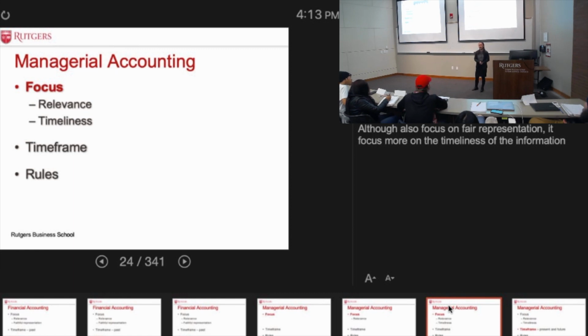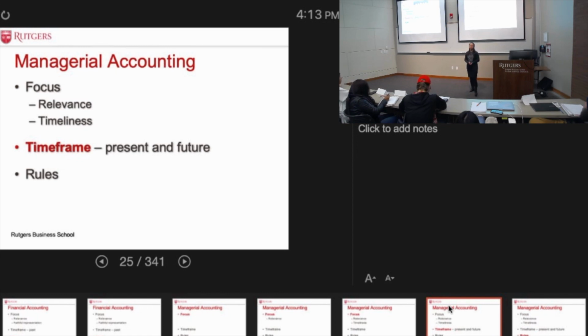So it doesn't mean that we do not need accurate numbers, but it means that we need not only accurate numbers, but also more timely information. Because managerial accounting is for managers, for internal users, to make business decisions. So we need to have more frequent information to achieve this.